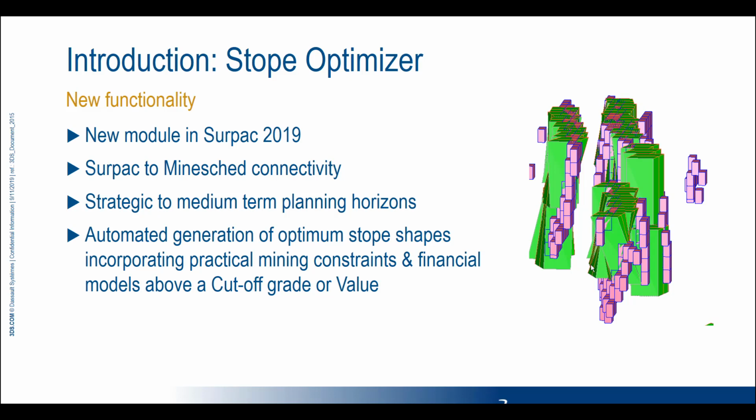The Stope Optimizer allows automated generation of optimum stope shapes, incorporating practical mining constraints and financial models above a cut-off grade or a value. As a bare minimum, this is represented by a cut-off value or grade attribute in a block model.